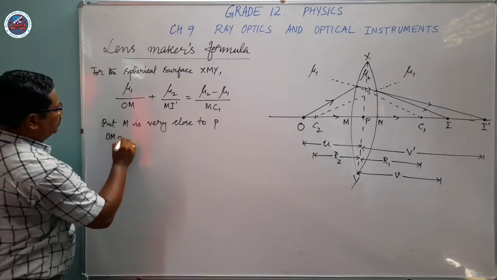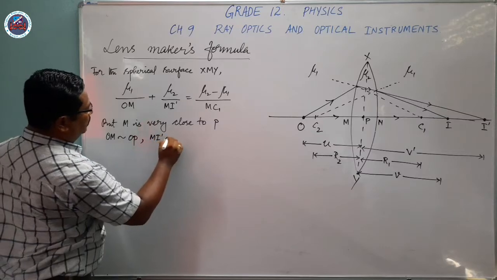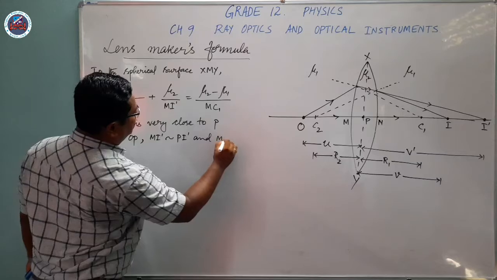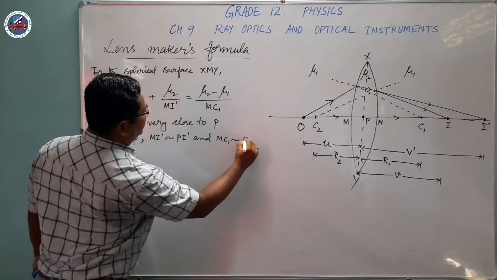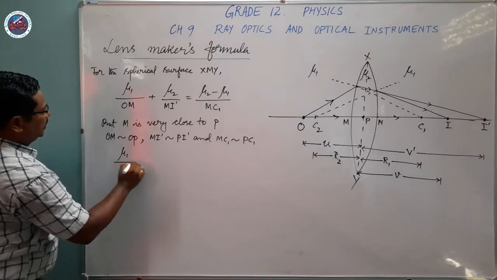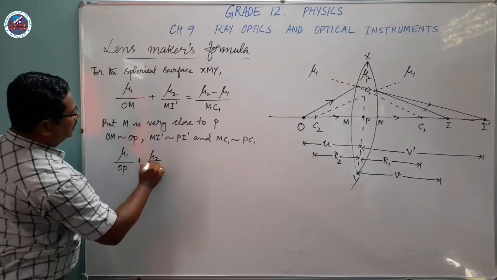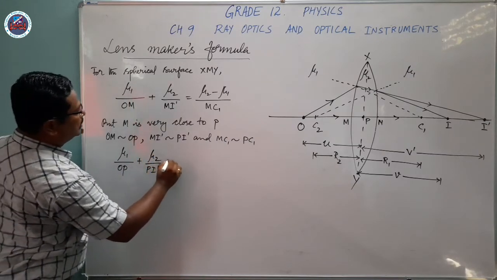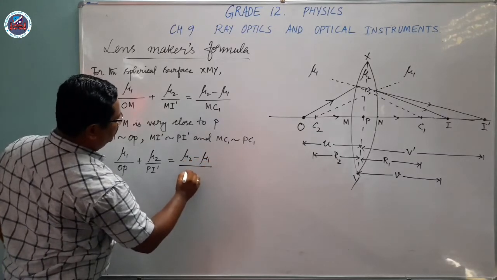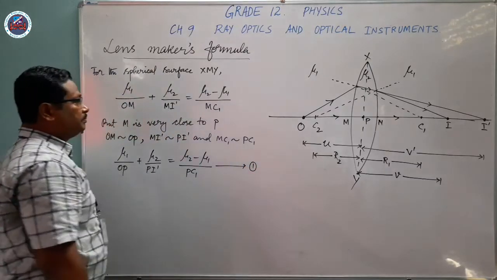OM will be equivalent to OP, MI dash will be equivalent to PI dash, and MC1 will be equivalent to PC1. So substitute it here. Mu1 divided by OP plus mu2 divided by PI dash equal to mu2 minus mu1 divided by PC1. We'll mark this as equation number 1.